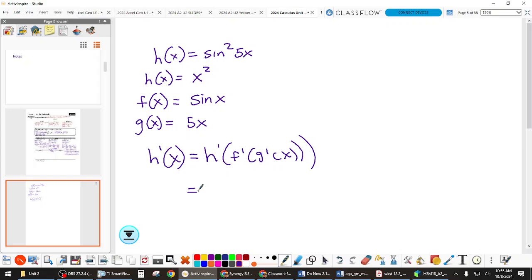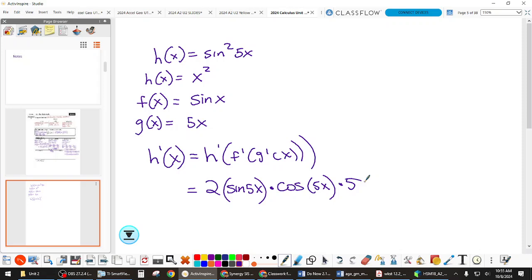So we go back to this. So 2x for our first h prime. And then inside of that, we have the sine of 5x times, then we have to do f prime, which is cosine of 5x. And then g prime, which is 5.